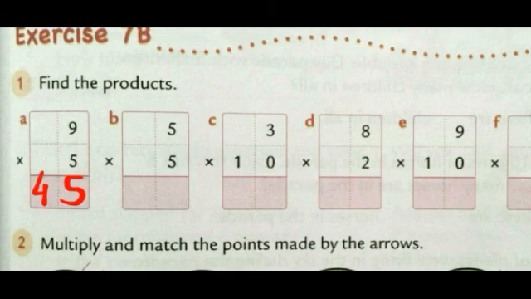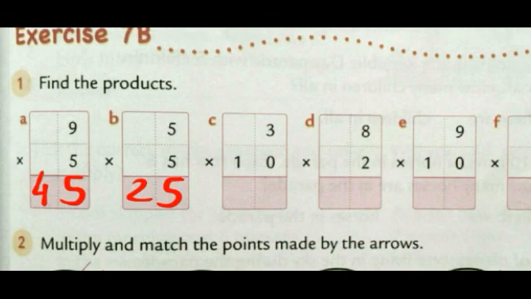Now moving on to the next one. Here it is given 5 multiplied by 5. You can say the table of 5, 5 times. 5 ones are 5, 5 twos are 10, 5 threes are 15, 5 fours are 20, 5 fives are 25.